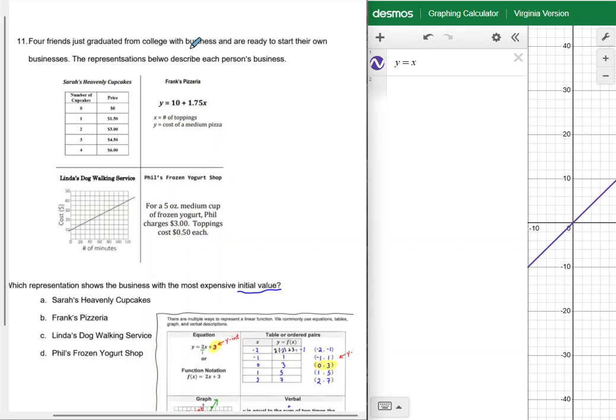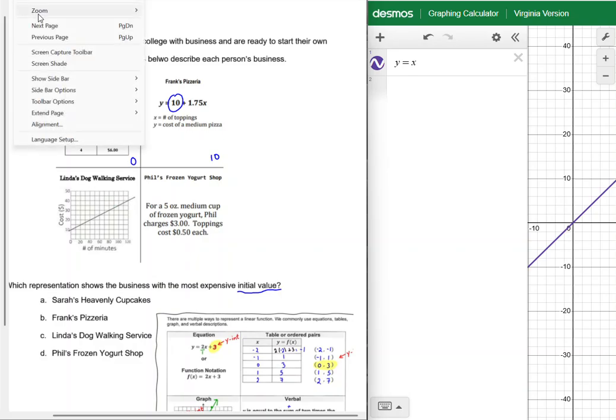Here the initial value is 0. Here the initial value is 10. Here it's at 0, here it's at 10. Here it looks like 10, but let's take a deeper look.